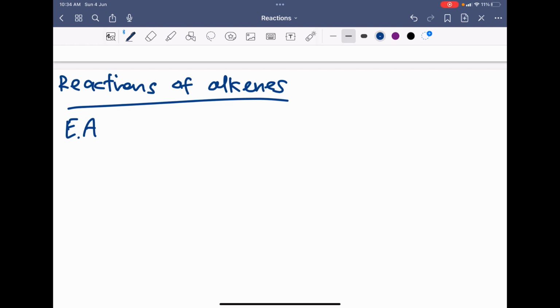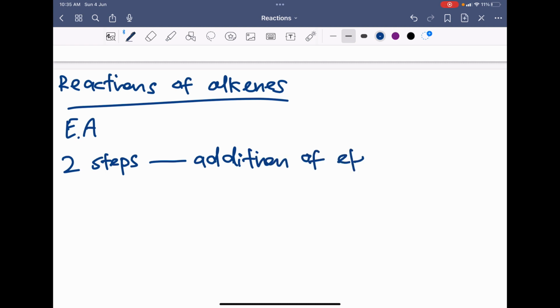So alkenes undergo electrophilic addition. And in this whole mechanism, there are 2 steps. The first step is the addition of the electrophile. And the second step is the nucleophilic attack.